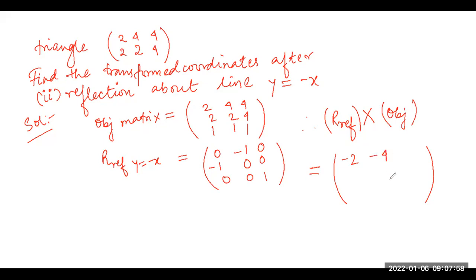Here it will be -4. First the reflection matrix, then the object matrix. Do not interchange it. Because matrix multiplication A into B and B into A is not equal. It's not commutative, right?